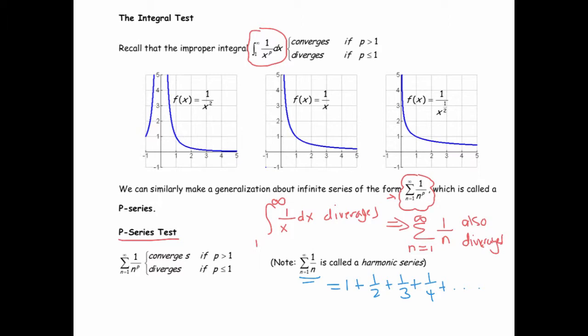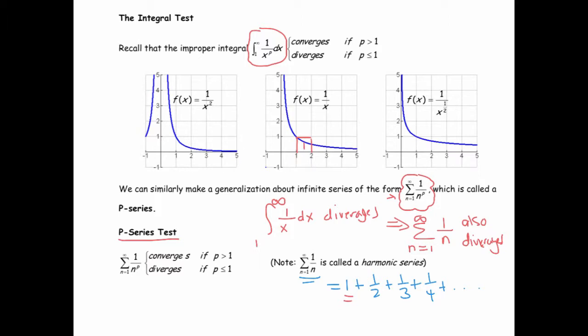So if I go up to this middle graph here, the graph of f of x equals 1 over x, I can represent this 1 as the area of this rectangle here, the rectangle that has a height of 1 and clearly a width of 1. So that has area 1.